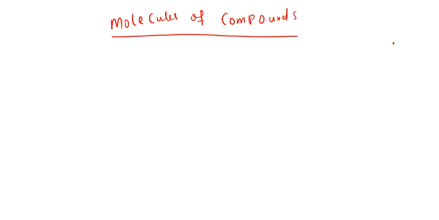Here we have sodium combining with chlorine. We are going to have sodium chloride, which is our normal salt, the salt we use in cooking food.